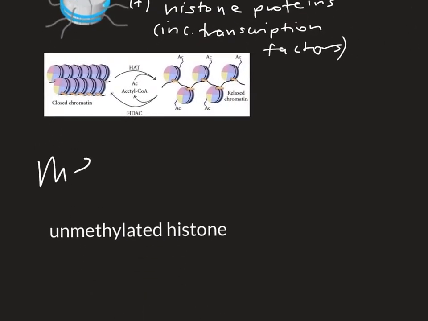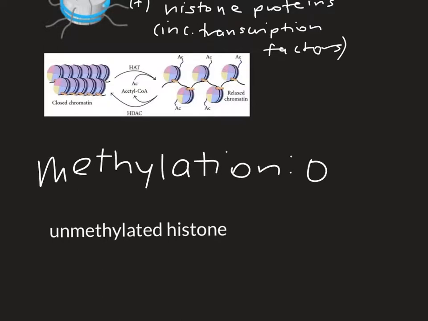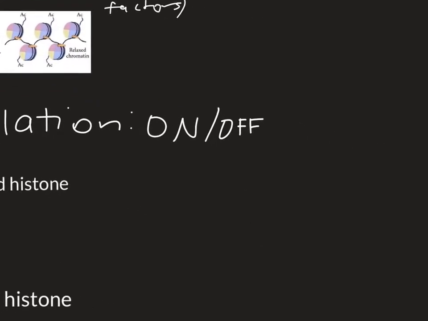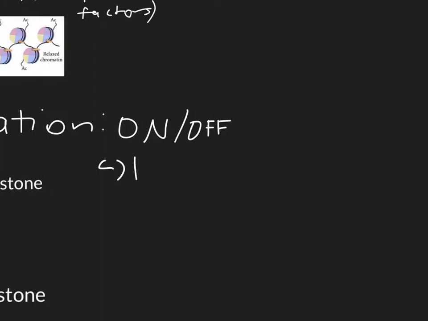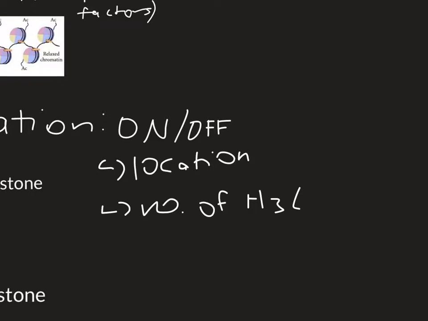Histone methylation can activate or repress gene transcription and expression. This depends on the location of the amino acid residues that were modified and the number of methyl groups added. What do I mean by this?